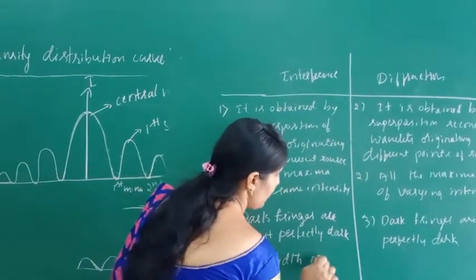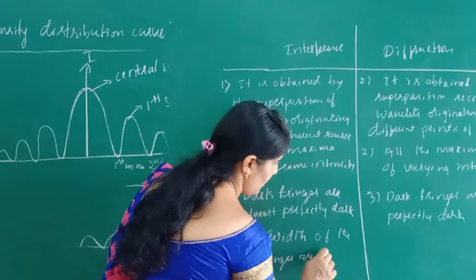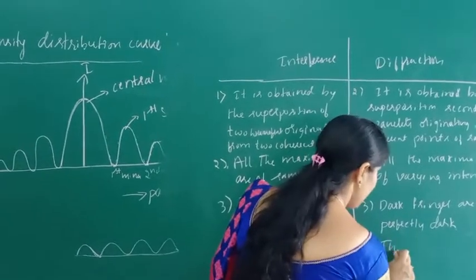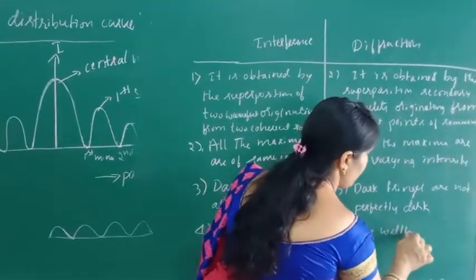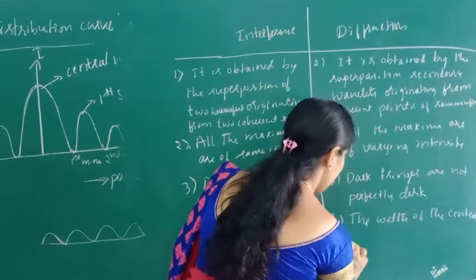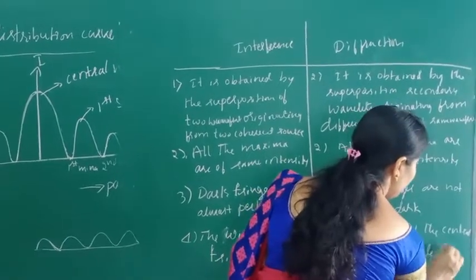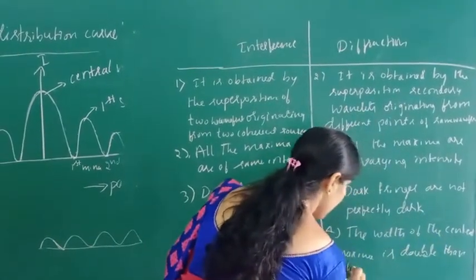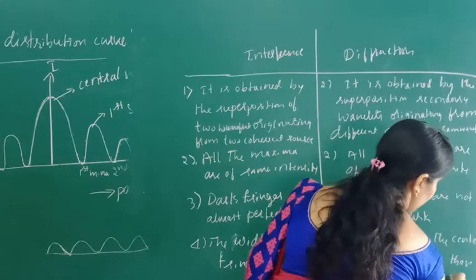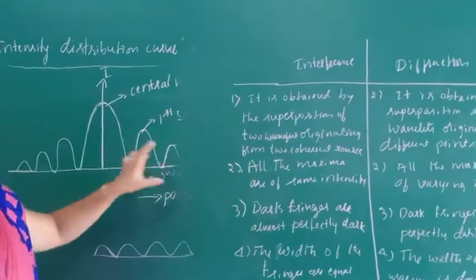In diffraction, the width of the central maximum is double the width of the other maxima.